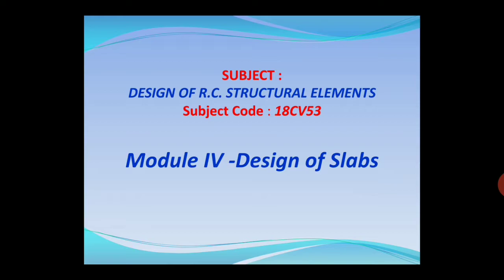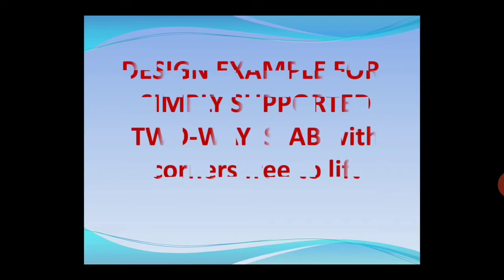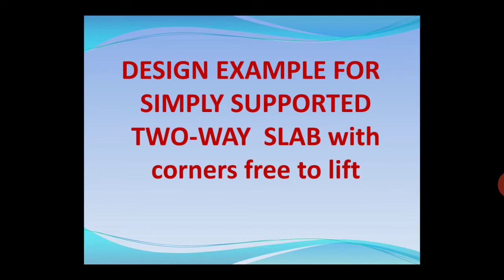In today's lecture, we will be continuing with module 4, which is design of slabs. In today's class, we will be discussing a design example for a simply supported two-way slab with corners free to lift. Note that it is a simply supported slab with corners free to lift.